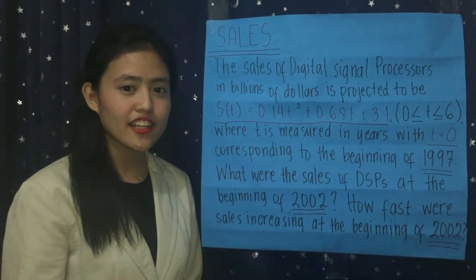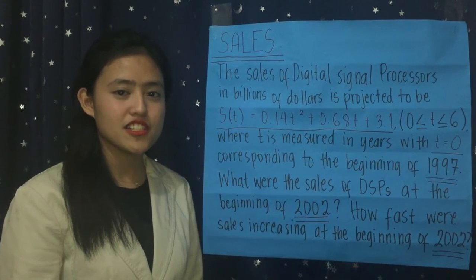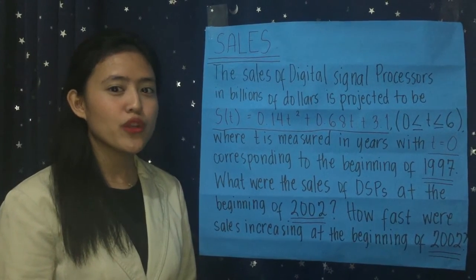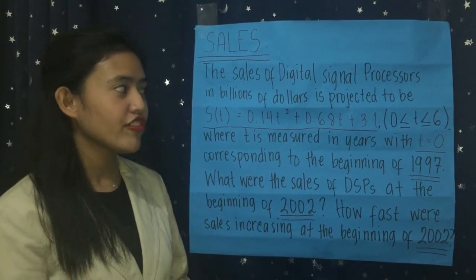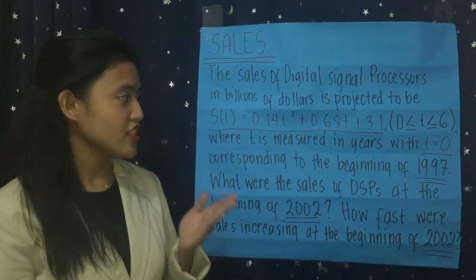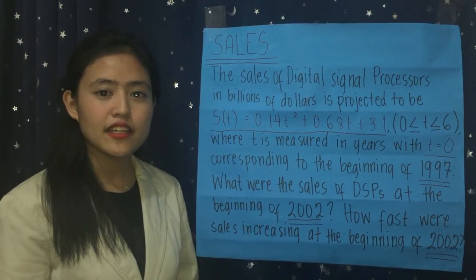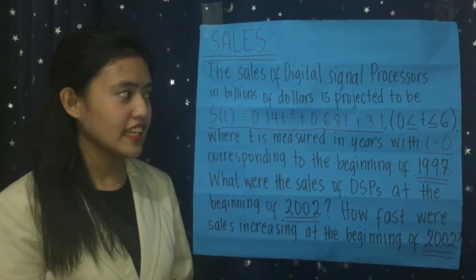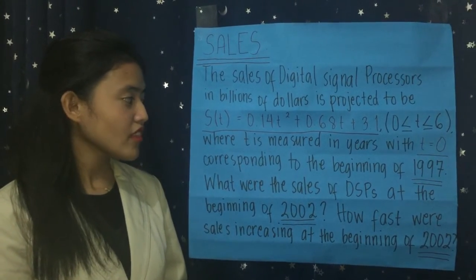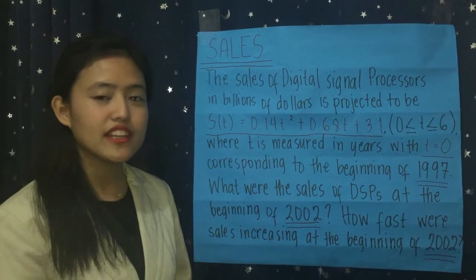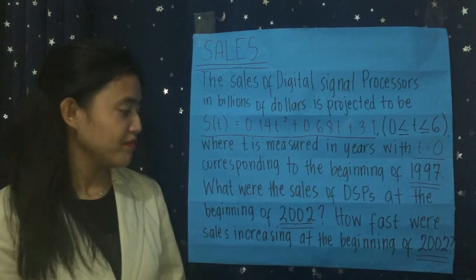So for today's tutorial, I will be discussing the application of derivatives in the field of business, particularly in sales. So we are given the problem: the sales of digital signal processors in billions of dollars is projected to be S of t is equal to 0.14t squared plus 0.68t plus 3.1, such that t is greater than or equal to 0 but less than or equal to 6, where t is measured in years with t equal to 0 corresponding to the beginning of the year 1997.